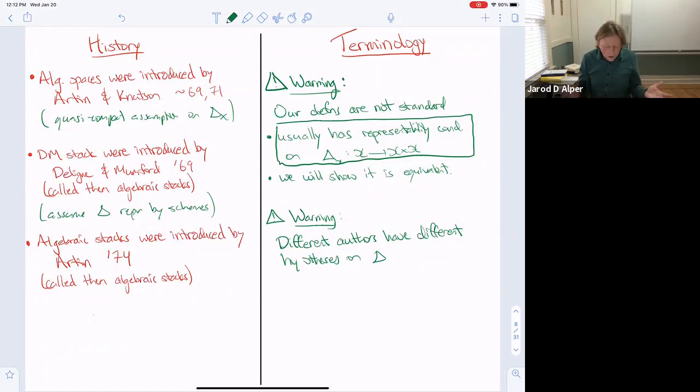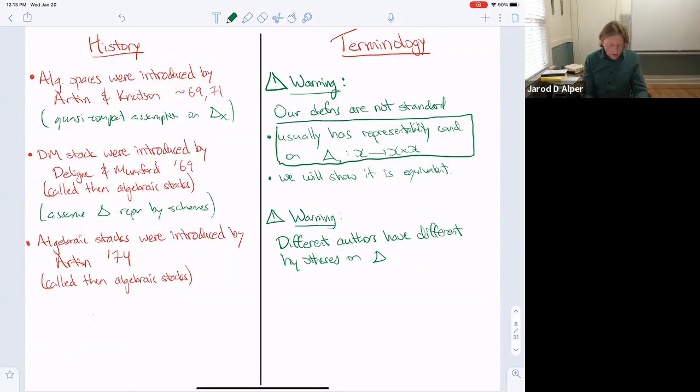They also remarked in their paper that they were well aware that this wasn't the right definition in general, but they pointed out that it clearly sufficed for their case, because they were interested in M_g bar, which is proper and whose diagonal is a finite morphism. The differences between the definition of Deligne-Mumford and the definition we're using arise only in the pathological cases where the diagonal is non-separated or not quasi-compact. If the diagonal is quasi-compact and separated, then it's necessarily representable by schemes.